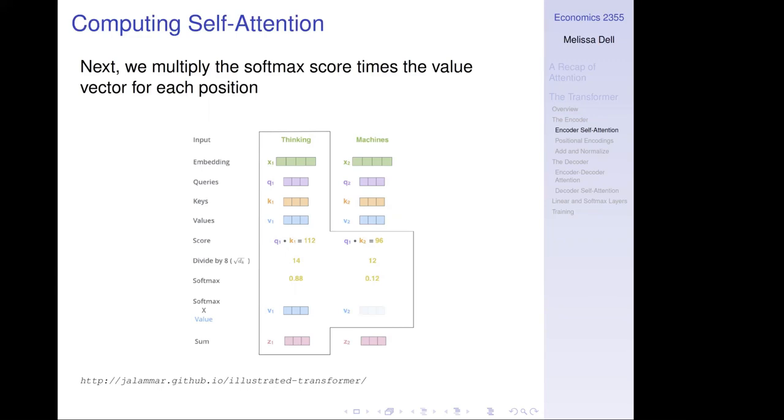And you can see here in this example, the softmax times value is fainter for the word machines, and that's meant to symbolize the fact that we're not paying as much attention to machines as we are to thinking and computing the output score for the word thinking.